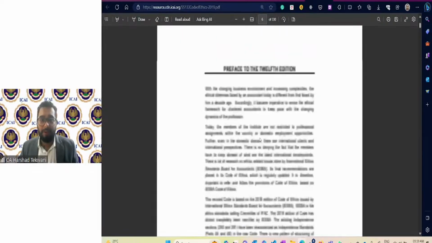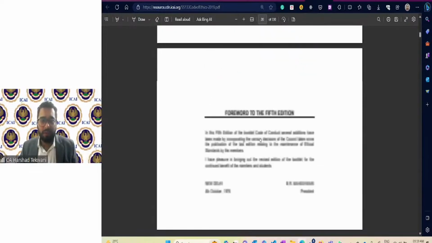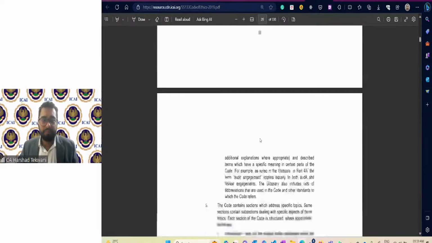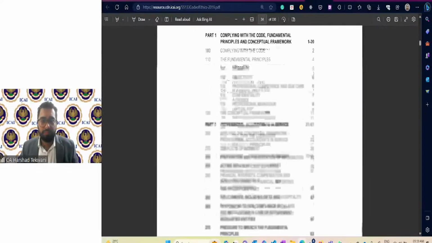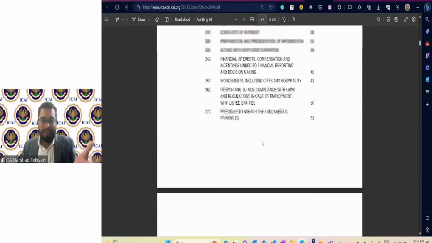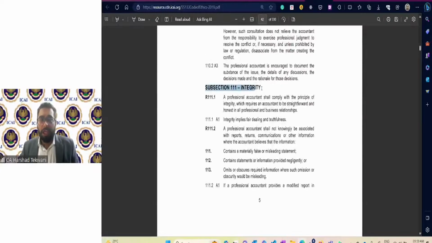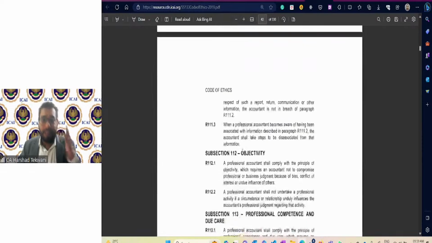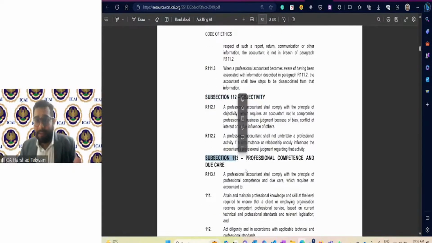This is the revised one. If you scroll in that Code of Ethics, there is an index, with everything like fundamental principles, for example integrity. The detailed Code of Ethics is there, with scenarios in detail with explanation, subsections 112, 113, everything from where it is coming, the base document you can say.